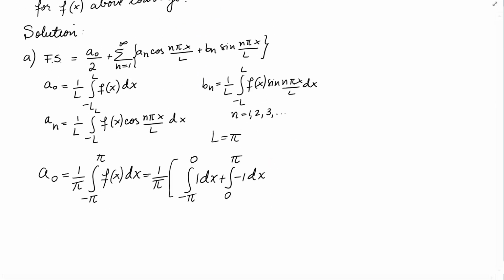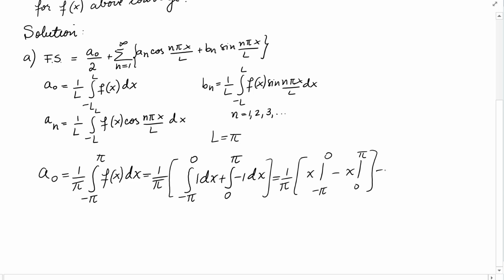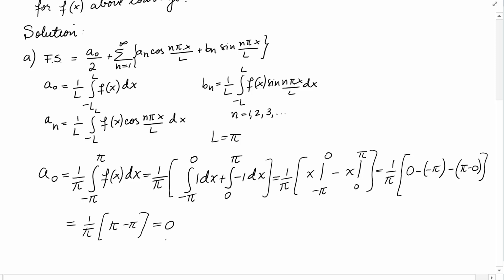So then we can calculate these integrals really quickly. 1 over pi times x from negative pi to 0 minus x from 0 to pi. So 1 over pi times 0 minus negative pi, minus pi minus 0, which gives us 1 over pi times pi minus pi, so it's actually 0. A naught is equal to 0.